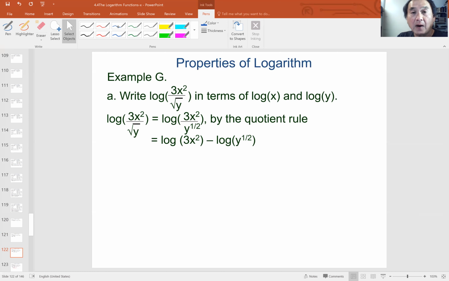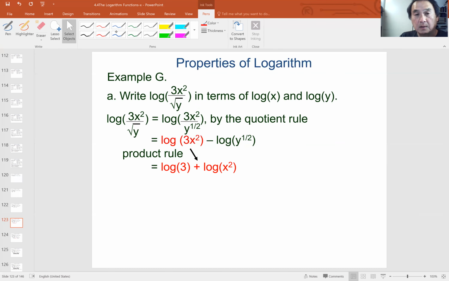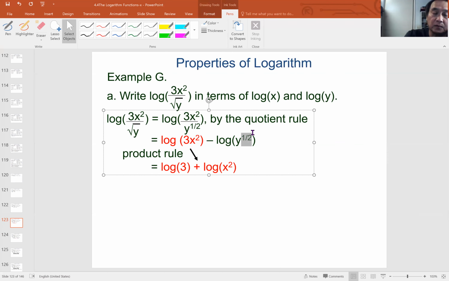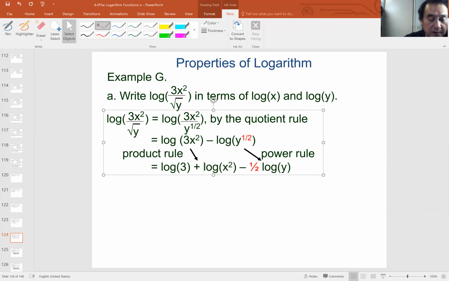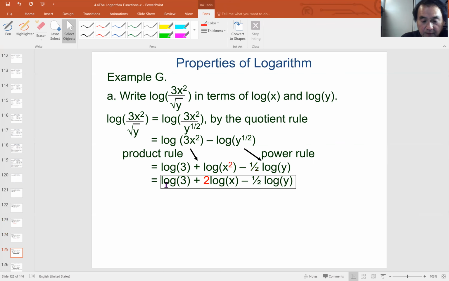The front is a product, therefore I can write it as log of 3 plus log of x squared. And for the back one, the exponent 1/2 can come out to the front, minus 1/2 log of y. And then finally the 2 can come out to the front, so it becomes 2 log x. So we have this, and this is everything stripped apart.